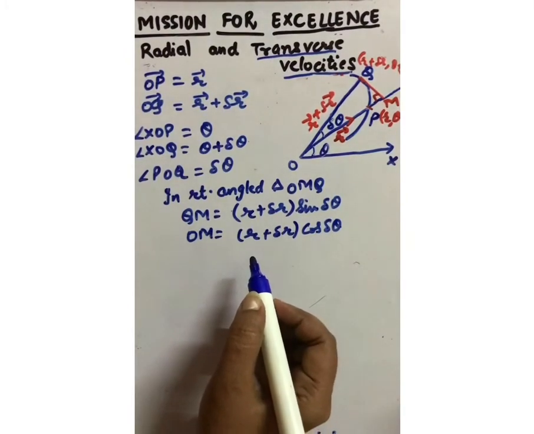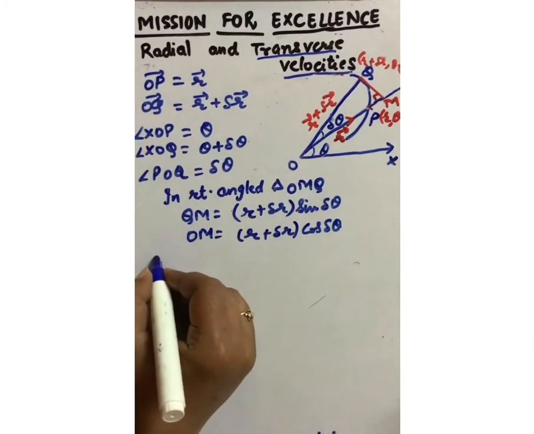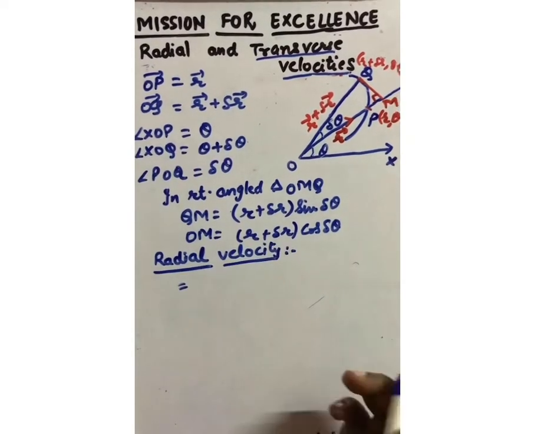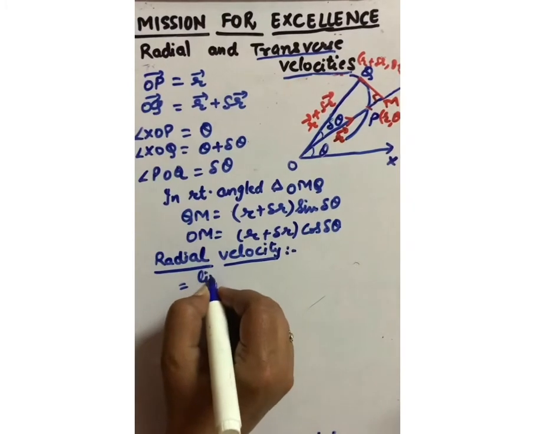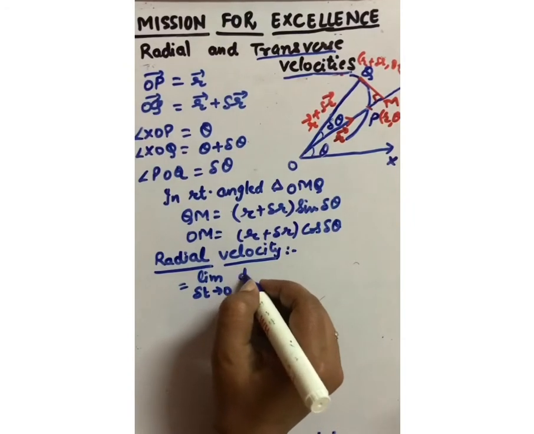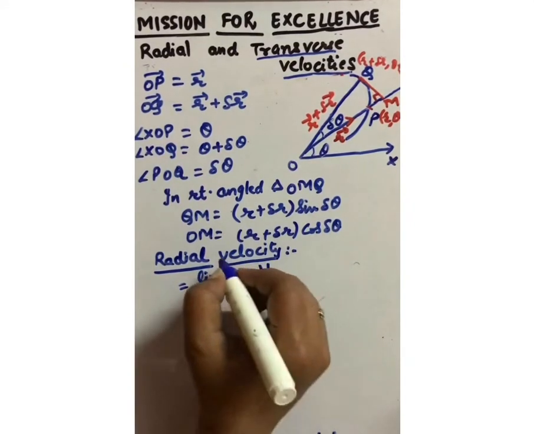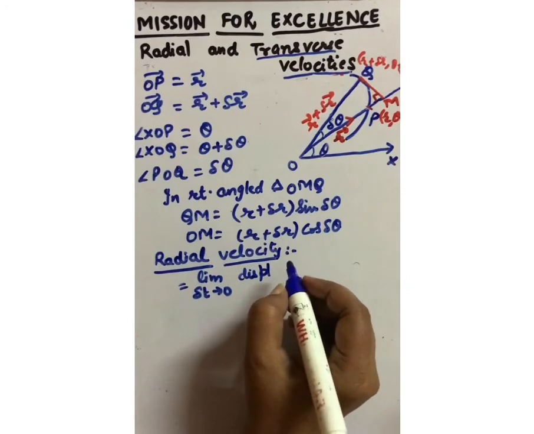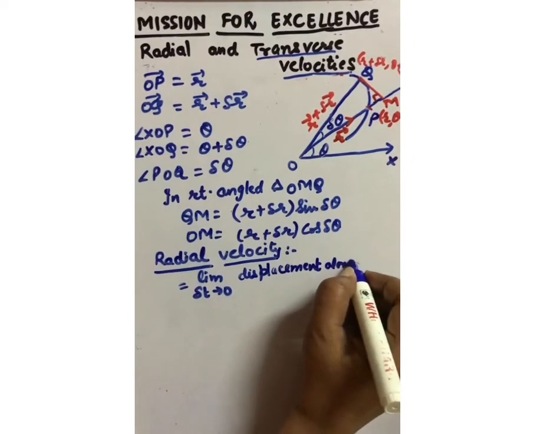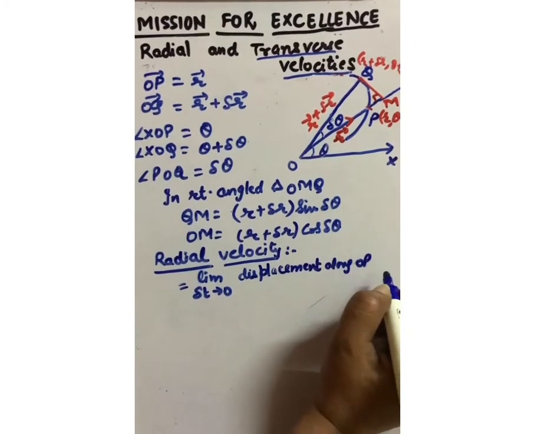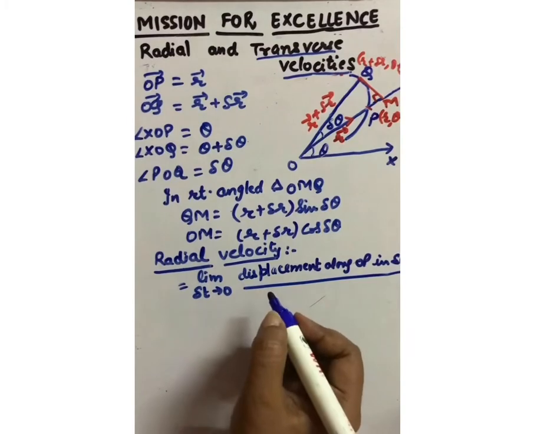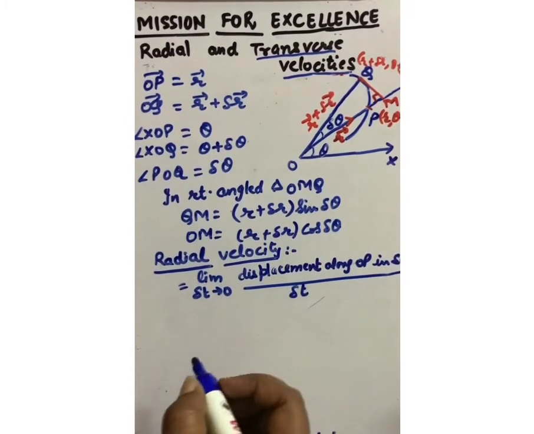So now we take the radial velocity. Radial velocity is equal to limit delta t tends to 0 displacement, because we know the velocity is rate of change of displacement. So let us take displacement along OP in time delta t upon, this is the change in displacement, upon change in time, that is delta t.